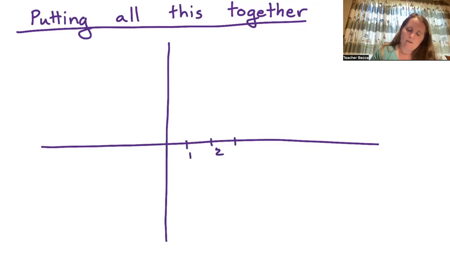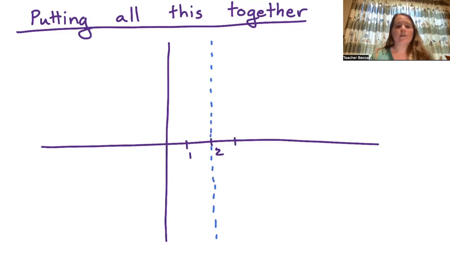At x equals 2, we know that we have a vertical asymptote. We also know that we have a horizontal asymptote going to the left at y equals 0.